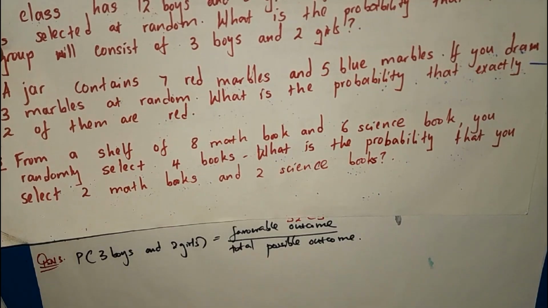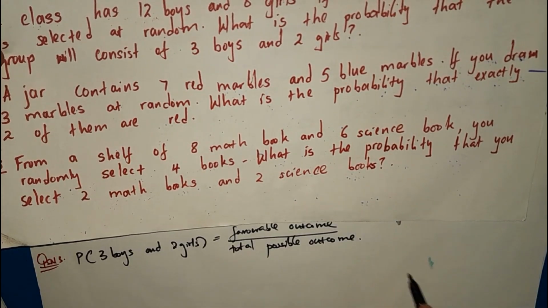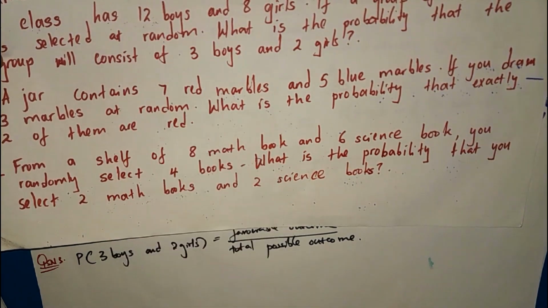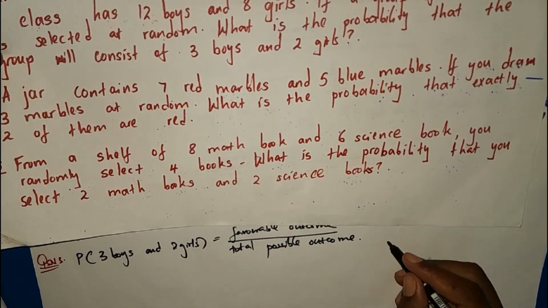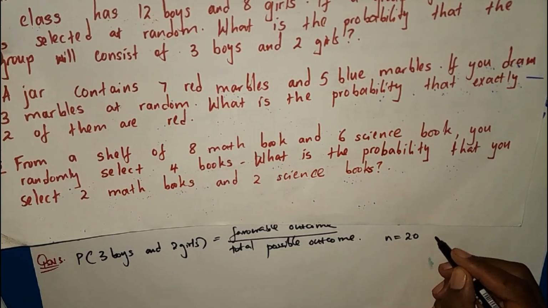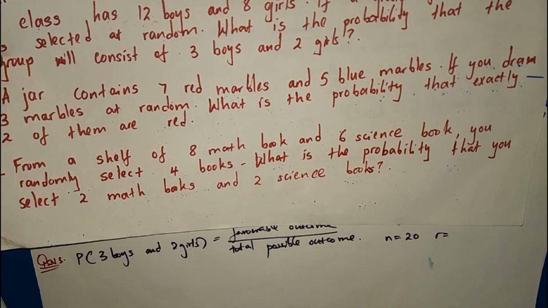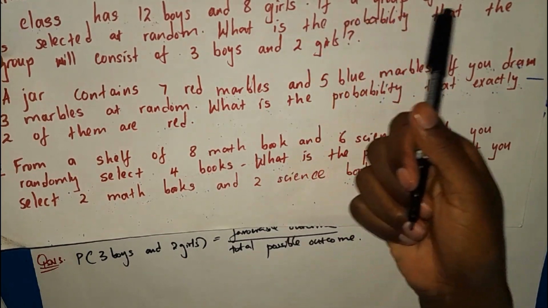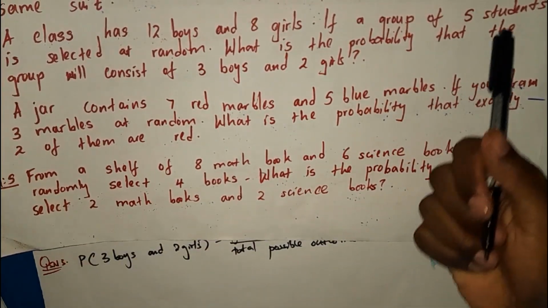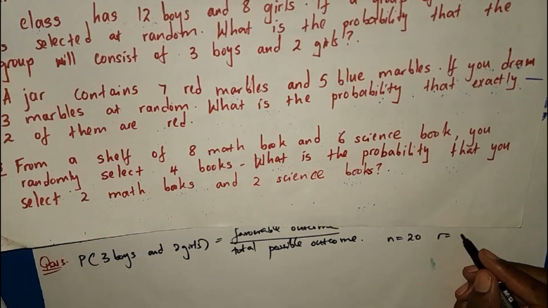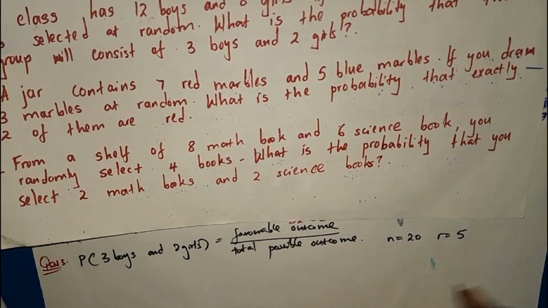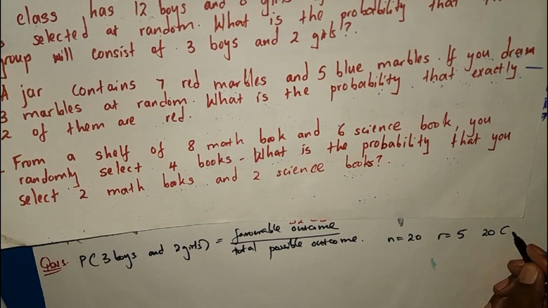For the total possible outcome, we need to choose from the total number of people, so 12 boys plus 8 girls, which is 20. So our n is equal to 20, and for r, we need to choose 5 students from these 20, since a group of 5 students is selected. So our r is equal to 5, meaning the total possible outcome is 20 choose 5.